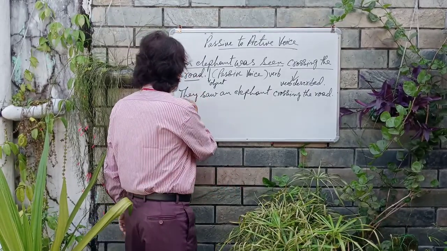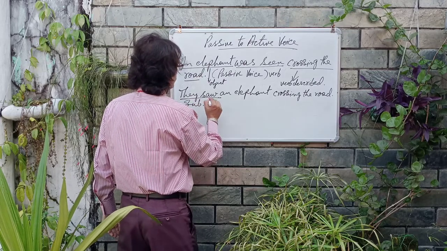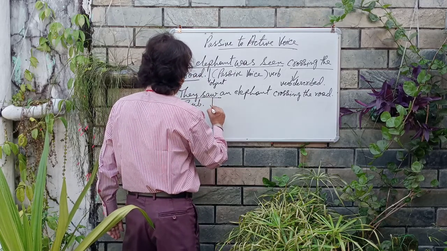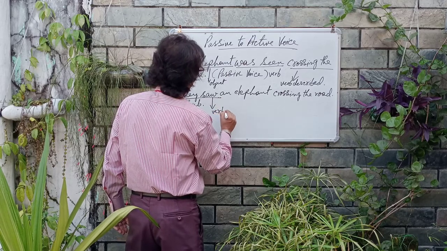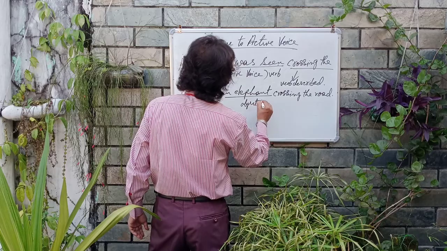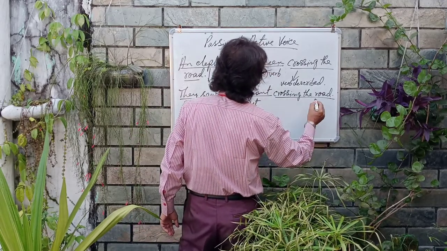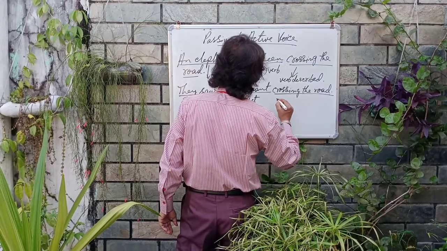They saw. Here it becomes the subject. Saw is the verb. An elephant is the object. This is the complement of the object. Fine?